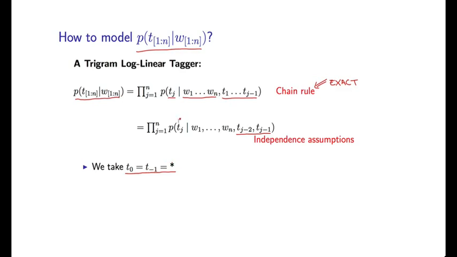So each tag informally only depends on the previous two tags. More formally, the random variable tj is conditionally independent of all the tags preceding the previous two tags once I condition on the entire sentence and also the previous two tags. Again, this looks very much like the Markov assumptions we'd seen earlier in the class. The only real difference is that we're conditioning on the entire sentence throughout this decomposition. So we're carrying along this entire sentence.